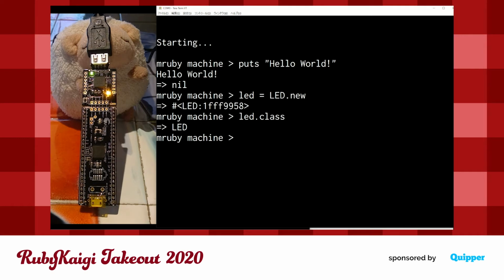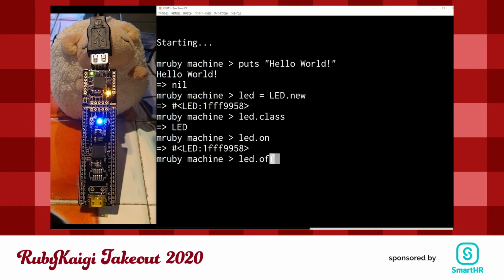Now I can turn on the LED like this. Look at the PSoC. Yay! And I can also turn it off. Congratulations! You have just seen an mruby compiler and a virtual machine run together on PSoC.